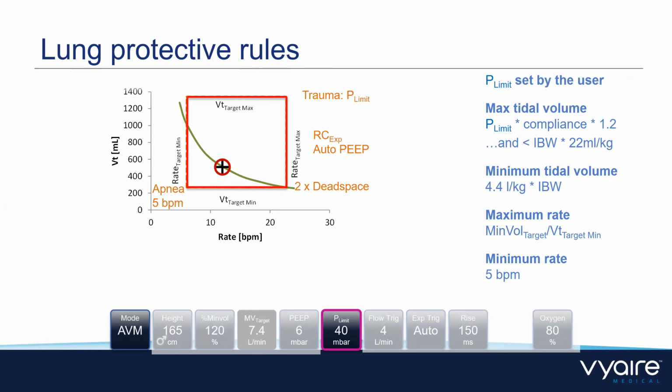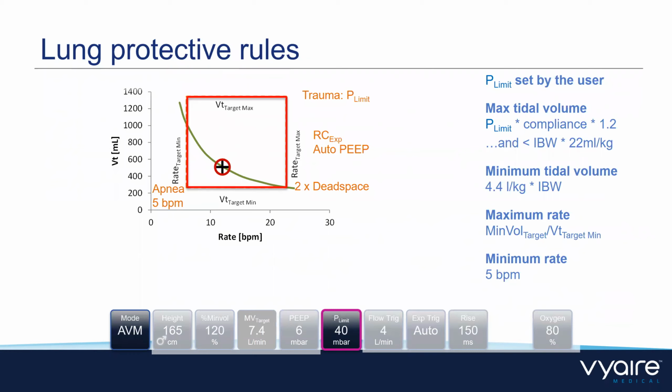So if the patient is not breathing spontaneously very much, or he's sighing, as soon as the rate is going at 5 breaths per minute or even below, mandatory ventilation will come back and keep the patient ventilated. So this is always something which is automated. So there's already an apnea backup mode within the adaptive ventilation mode as well.